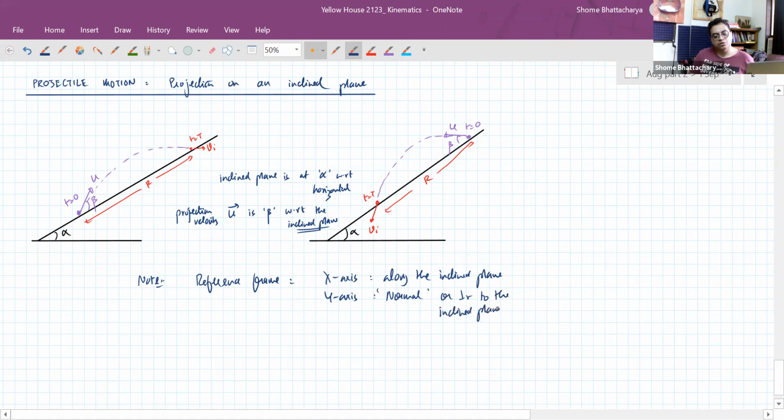Whenever you're making a free body diagram of an object on an inclined plane, you resolve the forces according to an xy system which is like this, not an xy system which is vertical and horizontal. That way it works out more conveniently. So we'll do the same over here.